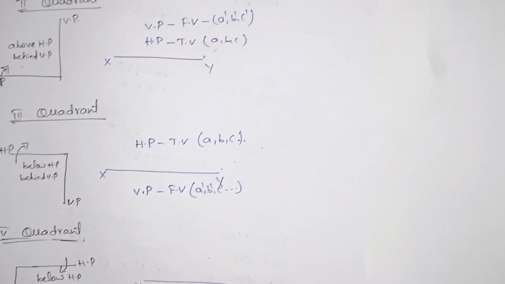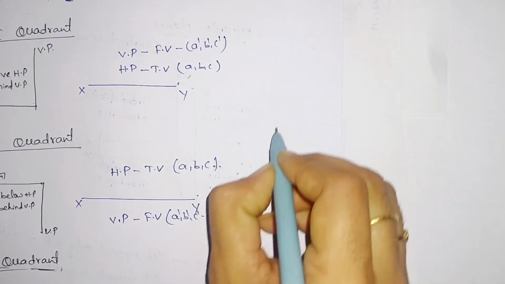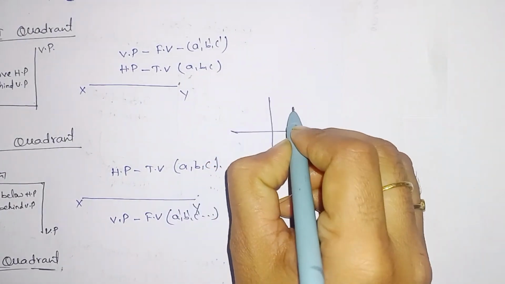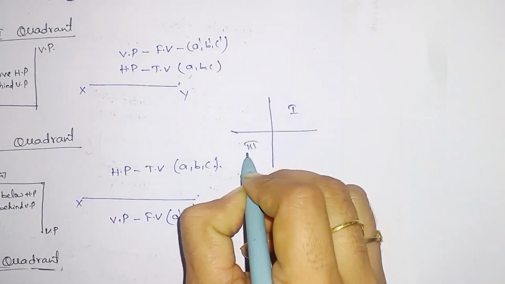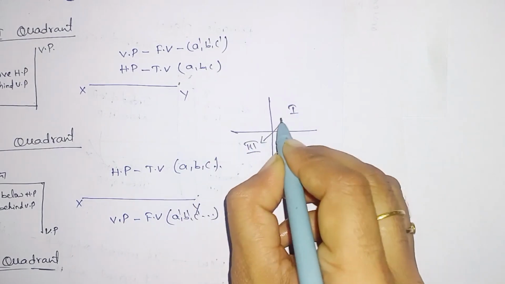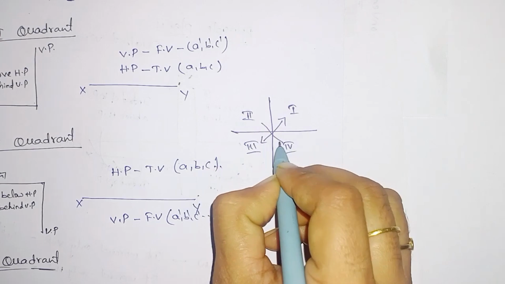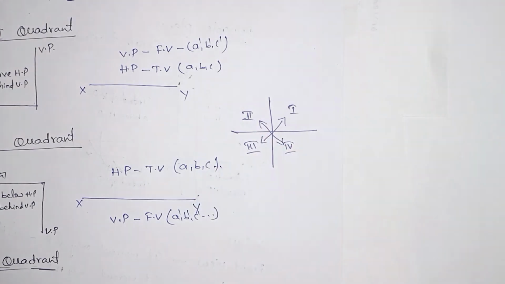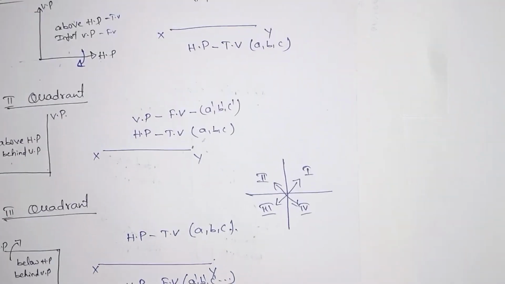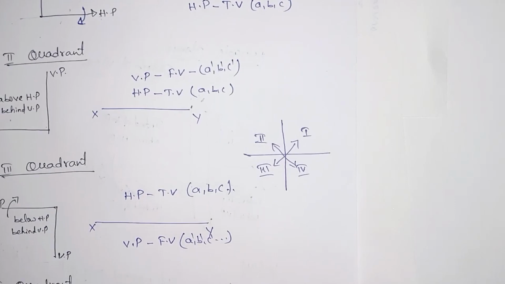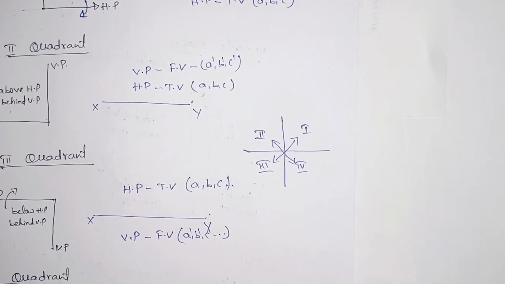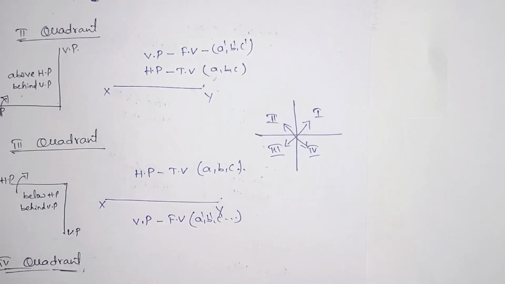So the first and third quadrants are opposite, and the second and fourth quadrants are opposite.